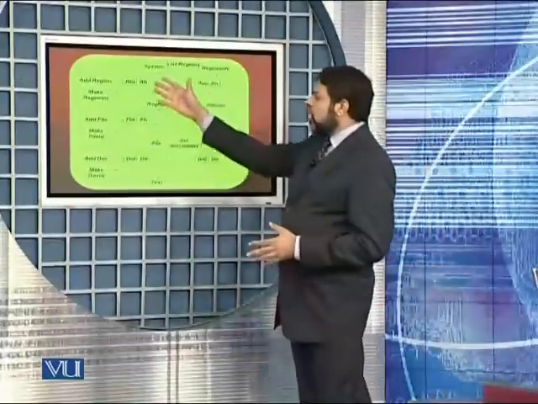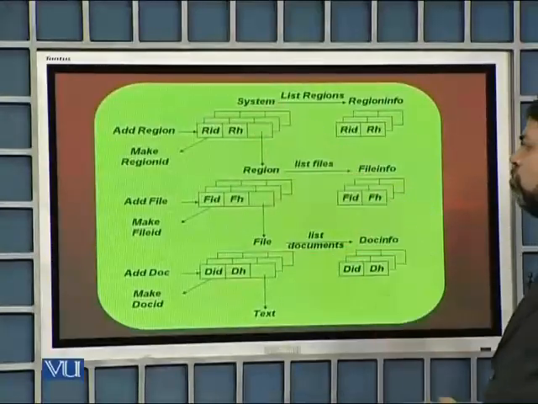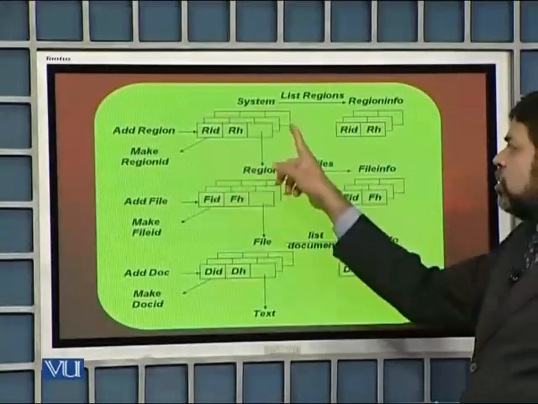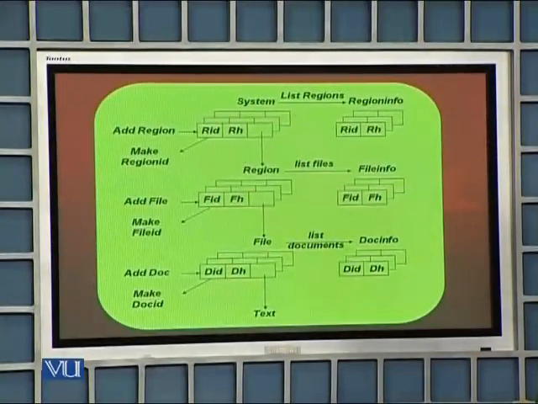Once again, there is this hierarchy. There is this system which contains a number of regions. A region has been divided into three parts: region ID, region header, and a link to the files that this region contains.